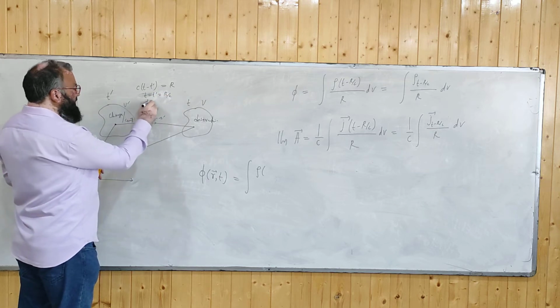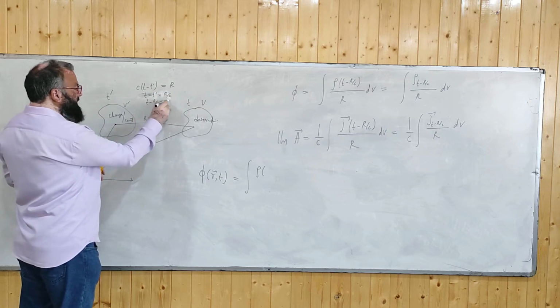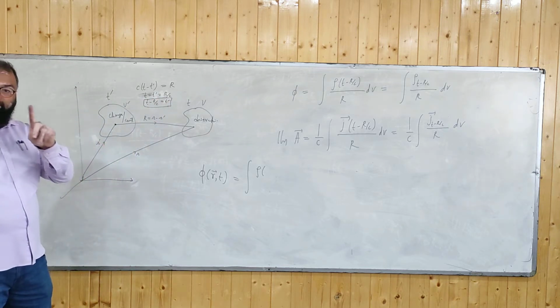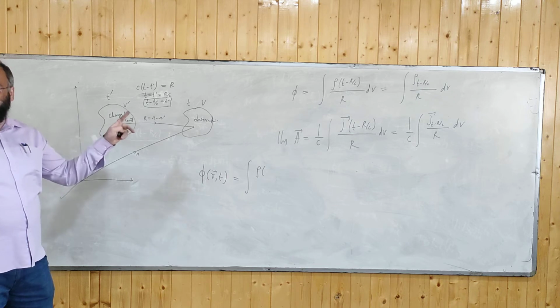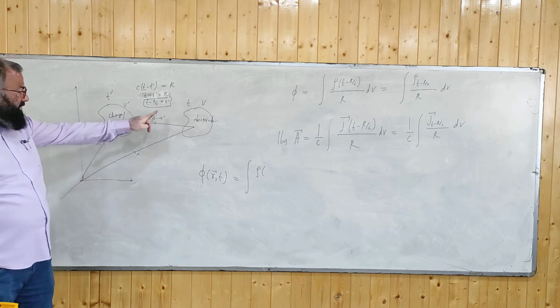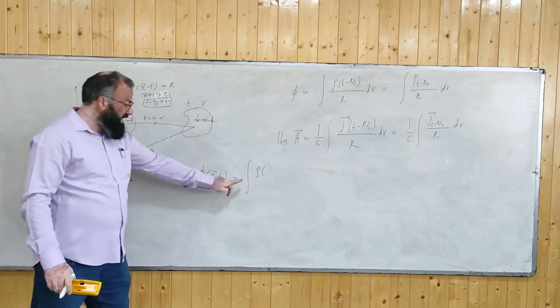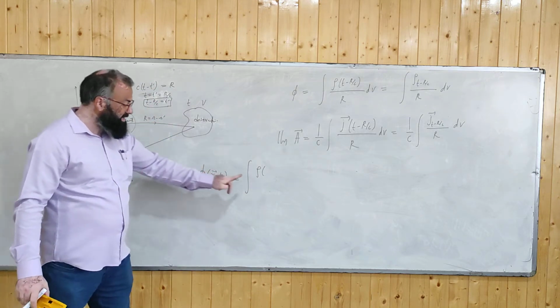So what is t minus r by c? That's equal to t prime. So for every time t, this equation has one solution, and you need to figure out what your earlier time is. That means I need to define what the charge density is at the earlier time.